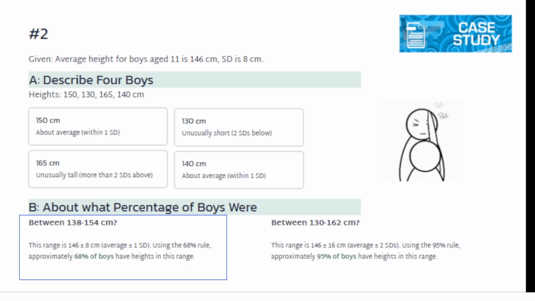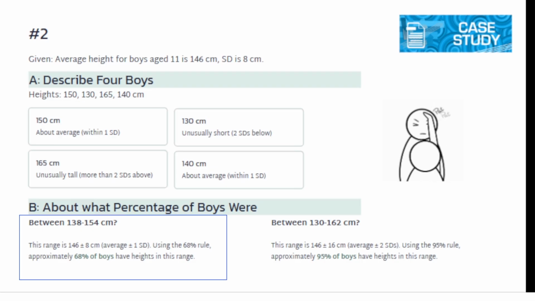So let's look at these numbers in terms of standard deviation. 138 is how many centimeters? It's 8 centimeter below the average, and 8 centimeter is 1 standard deviation.